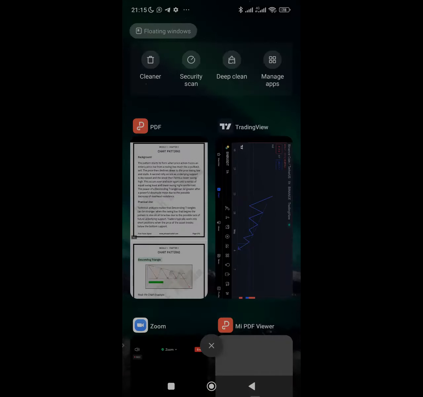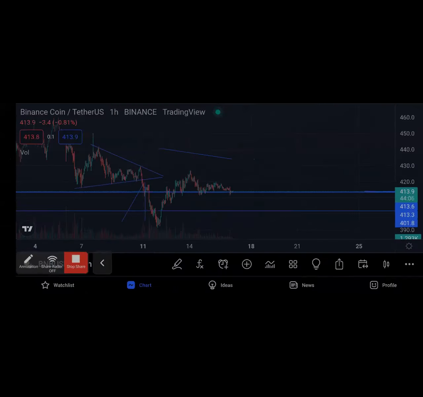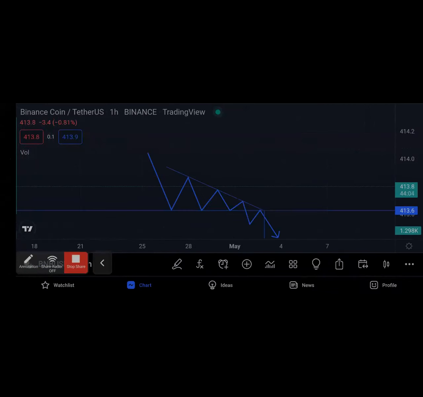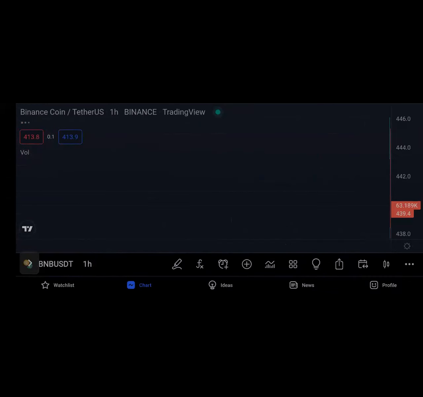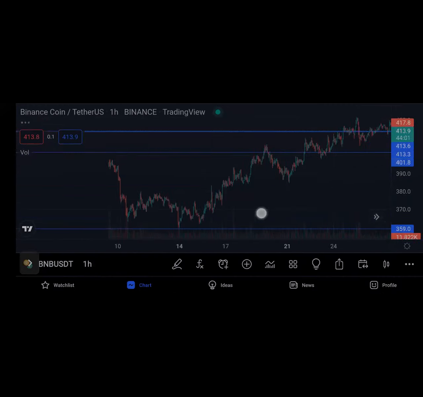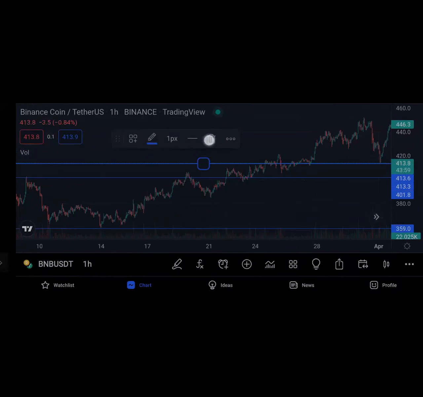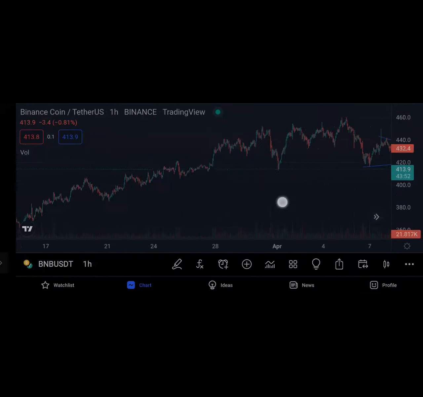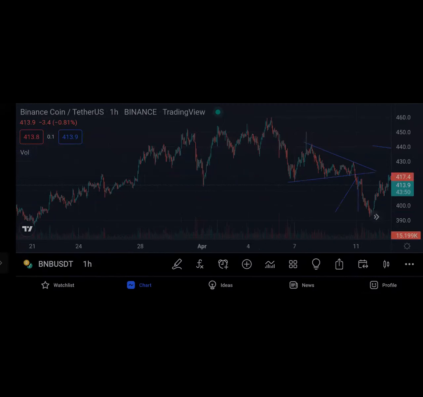So before we end, let's try to look out for a descending triangle on our chart. Can we find one? Definitely, we should. Descending triangle.